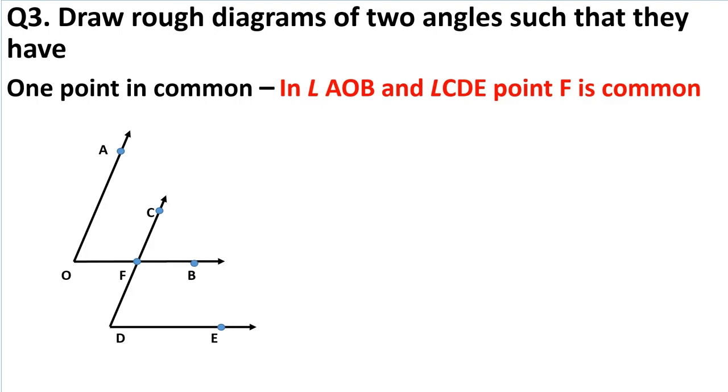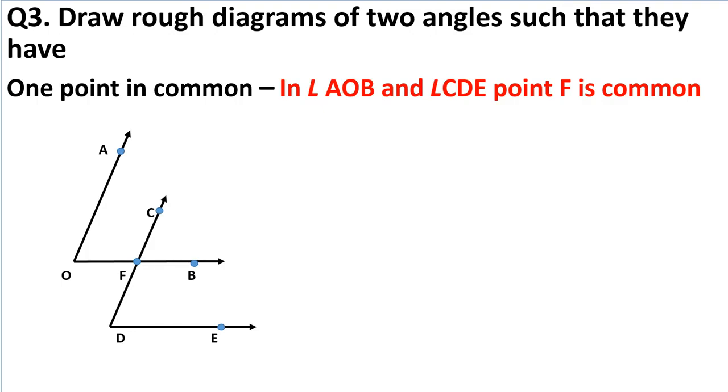Okay, two angles. Now see, I have made two angles, angle AOB and angle CDE. See the figure, where is angle AOB? Got it? Seen angle AOB? Then see angle CDE. Where is angle CDE?